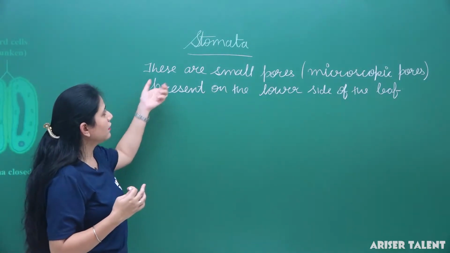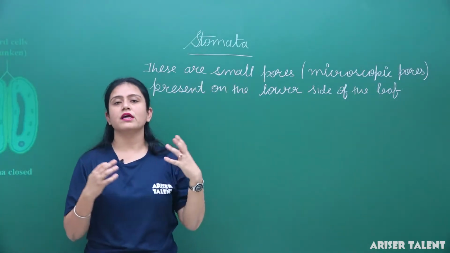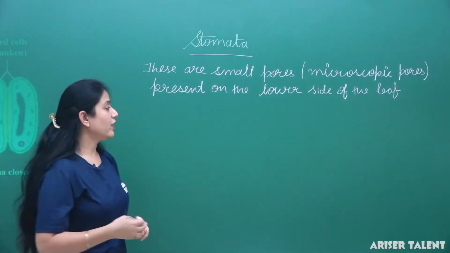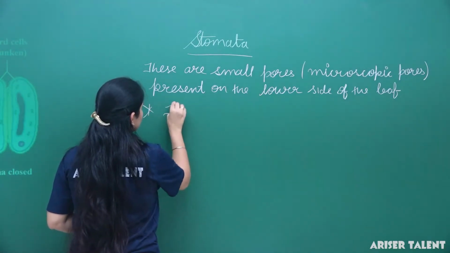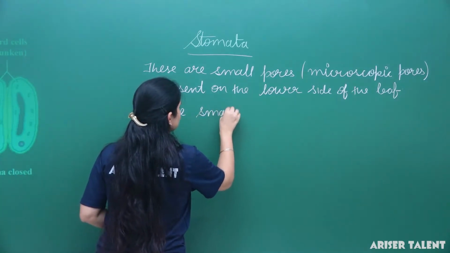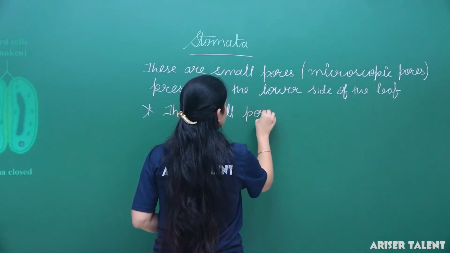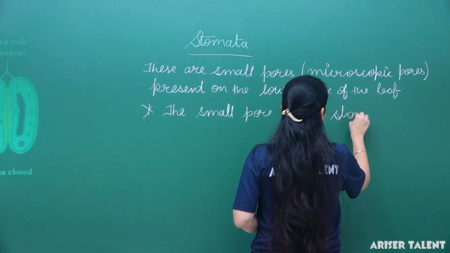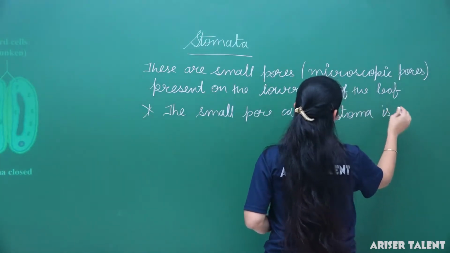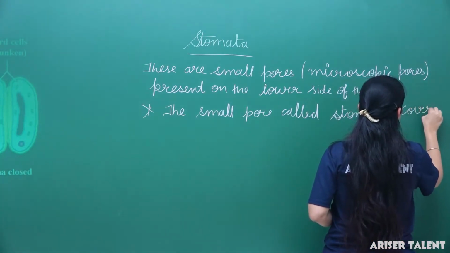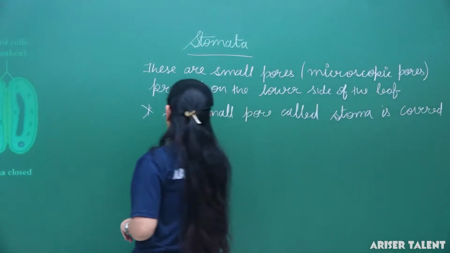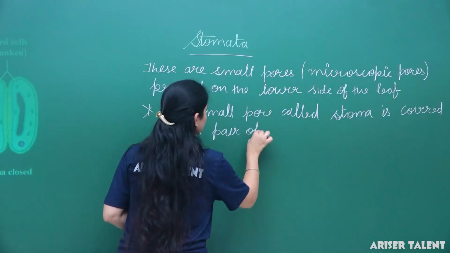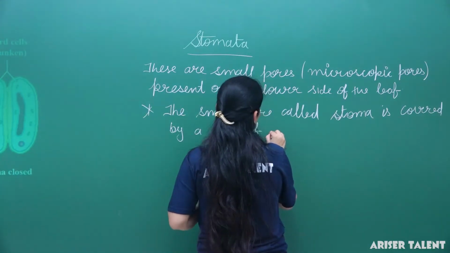So here, what are stomata? Stomata are small pores, also known as microscopic pores, present on the lower side of the leaf. The small pore called stoma is covered by a pair of guard cells.